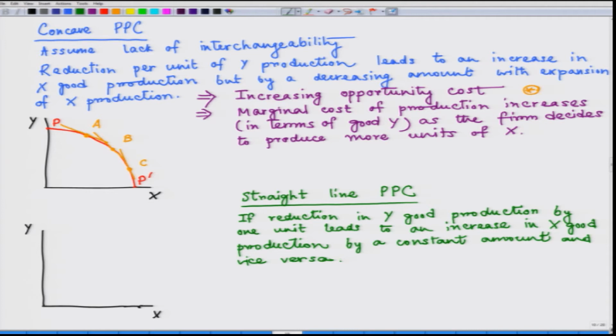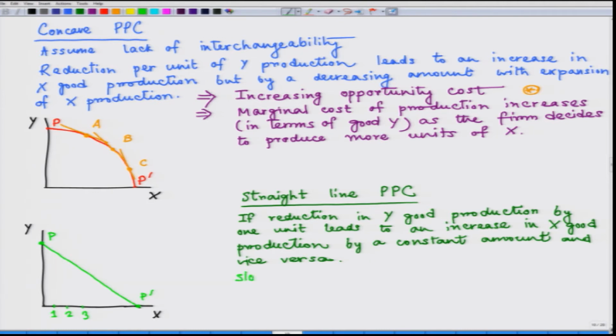So, now let us draw a straight line PPC here. So, we can again call these extreme points P and P prime, and note that as the firm decides to move from say 1 unit of X to the second unit of X, and again from the second to the third unit of X, the sacrifice it has to make in terms of the Y commodity is constant, and that is basically given by the slope of this straight line PPC.